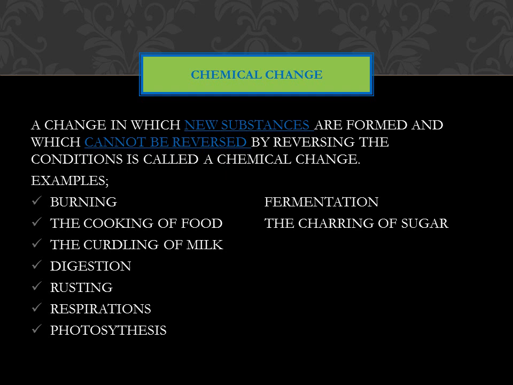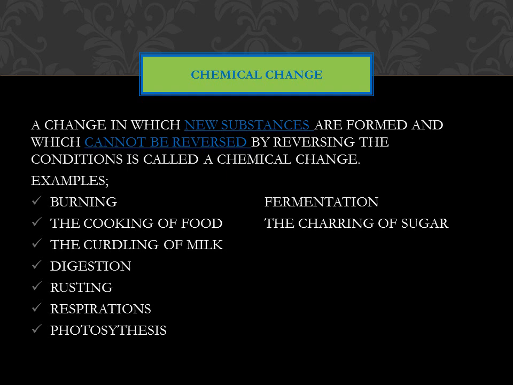Third, the curdling of milk. Once the milk is curdled, a new substance, that is cottage cheese (paneer), is formed and milk cannot be obtained back from the curd. So the change is irreversible. Thus the curdling of milk is a chemical change.